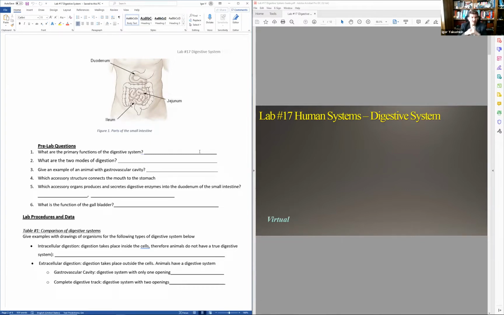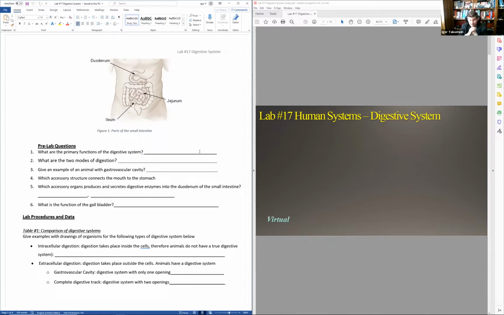Give an example of an animal with a gastrovascular cavity. A gastrovascular cavity is in an organism with one end or one opening for the digestive tract. Cnidarians, ctenophores, which actually have that particular traveling anus. We already talked about it, but they still have kind of a gastrovascular cavity, and the flatworms.